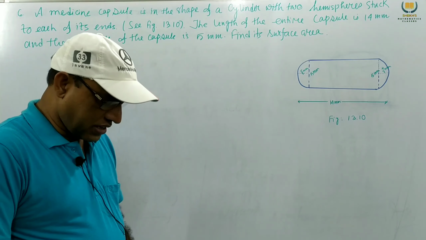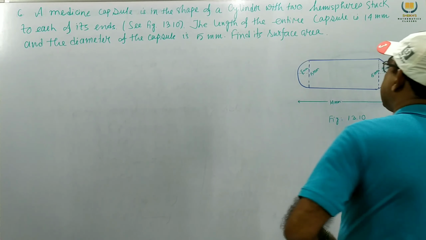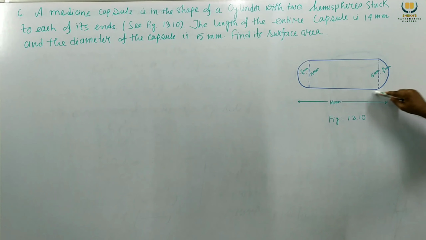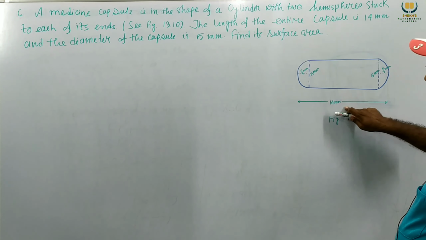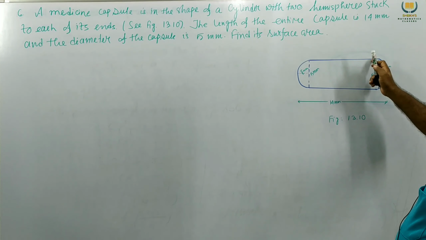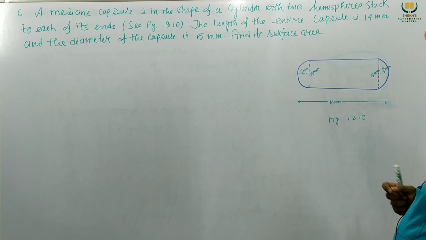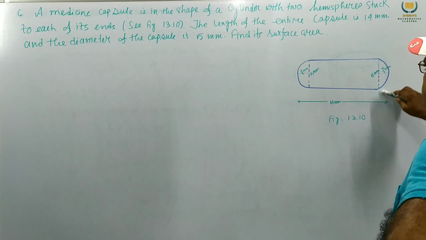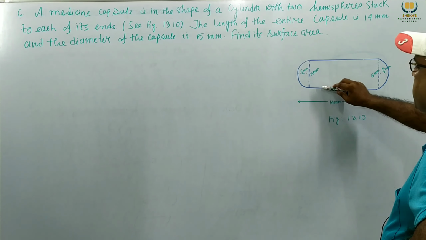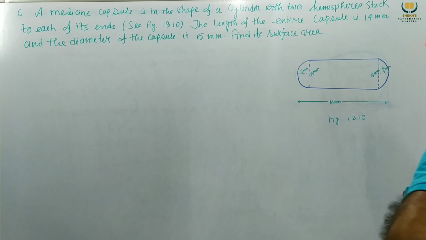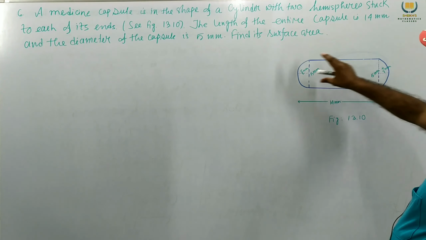Find its surface area. Now this is the capsule. This whole length is 14 millimeter and the diameter is 5 millimeter. This is given. And the two sides are hemispheres. This is a hemisphere. This is another hemisphere.